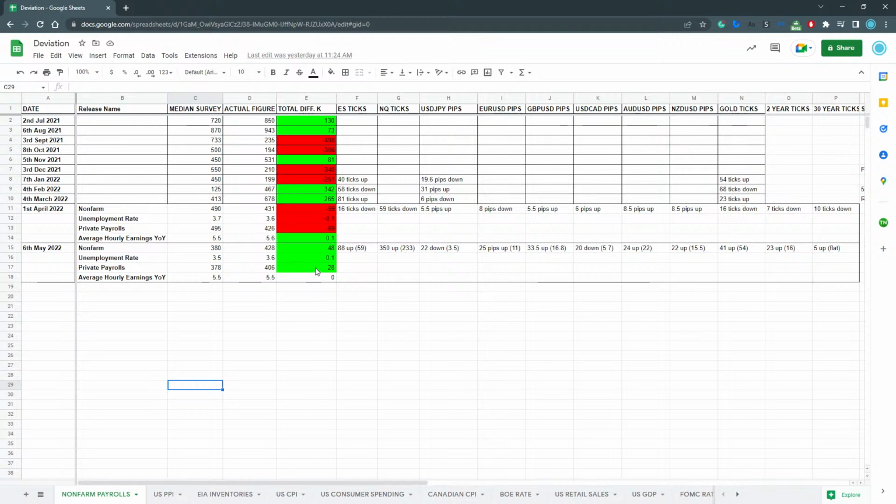Private payrolls too, you'd want that to show a strong figure of at least around 100k private jobs added to the economy.